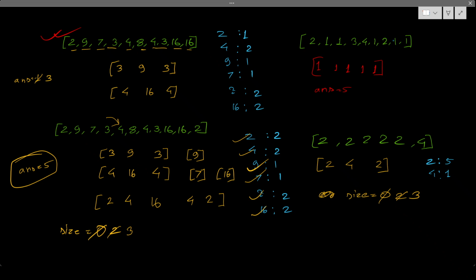Here in this example, 1 is present 5 times, 2 is present 2 times, 4 is present 1 time, 3 is present 1 time. So I will check if 1 is present, and do some cases for the number 1. If 1 is an odd number of times, I will directly take all of them, and the answer becomes 5.